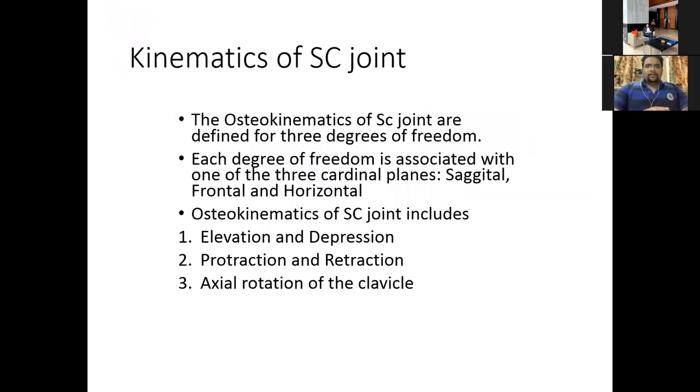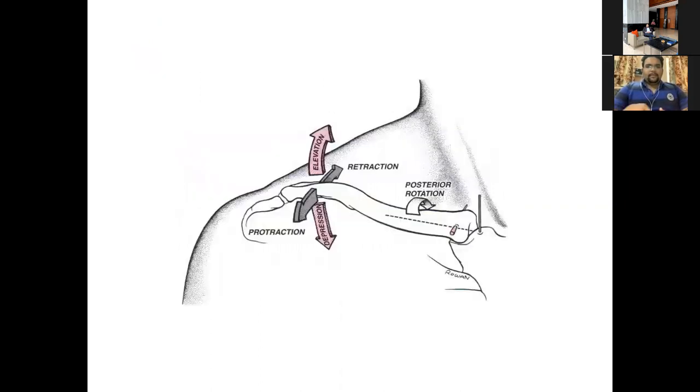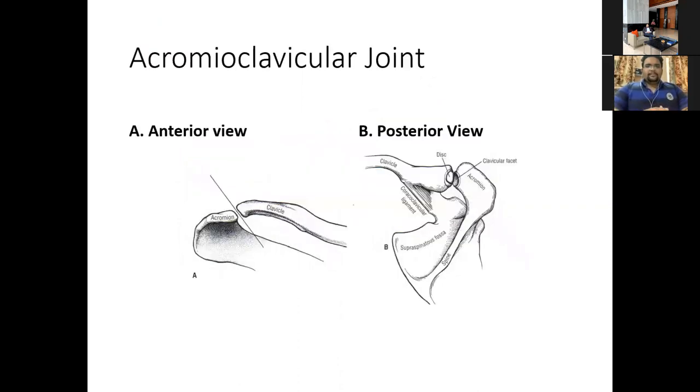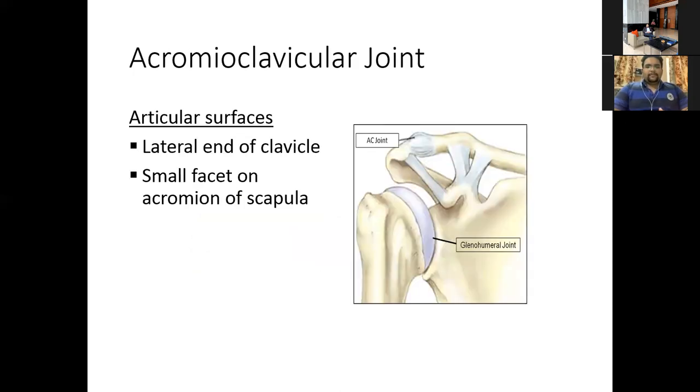First, moving to the kinematics of the sternoclavicular joint, which has 3 degrees of freedom and provides us elevation and depression, protraction and retraction, and axial rotation of the clavicle. Then moving up to the acromioclavicular joint, this is the anterior and posterior view showing how articular surfaces of the lateral end of the clavicle and the small facet of the acromion of the scapula are attached together to form the joint.